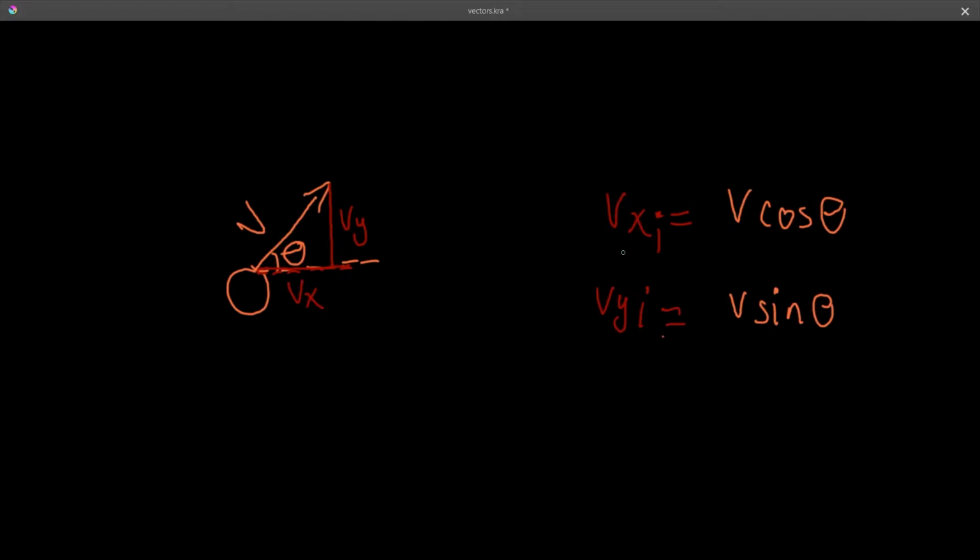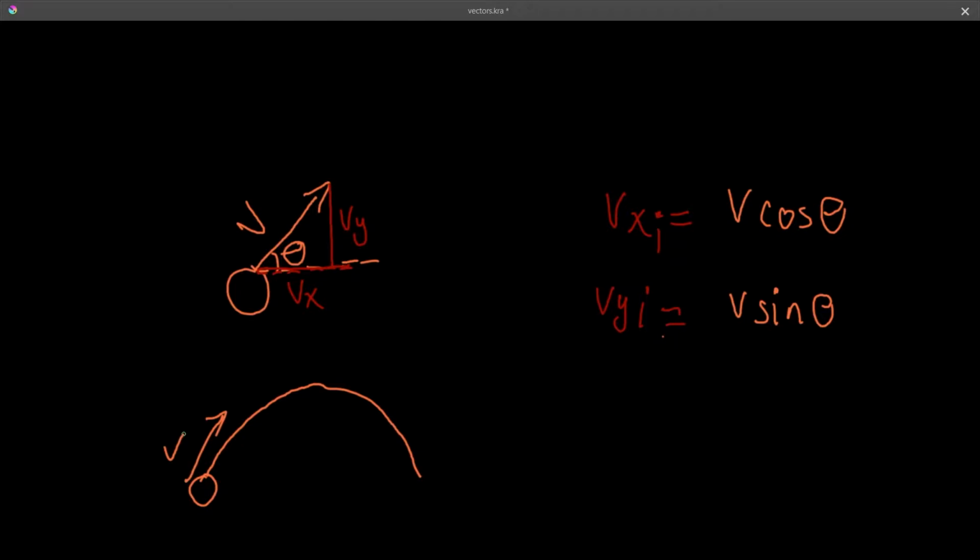So the simplest path that a projectile like this can take is a parabolic path. So it'll look something like this. Right? If this was your object and you launched it, like say this velocity v.